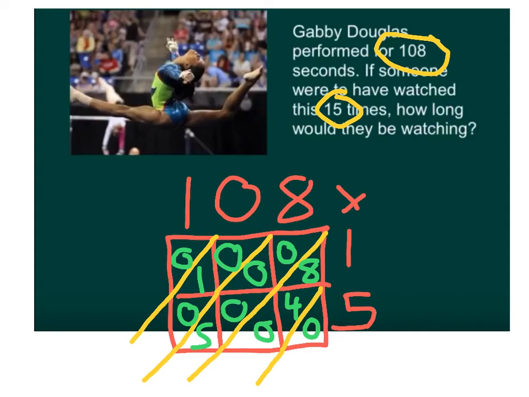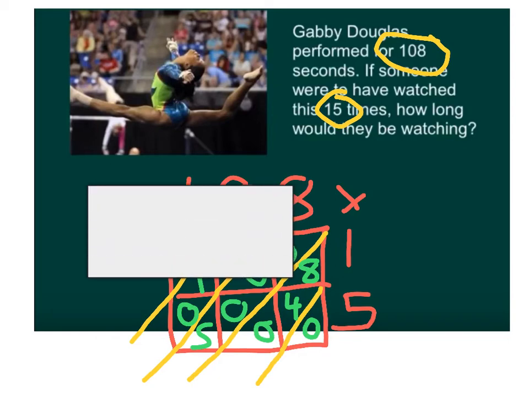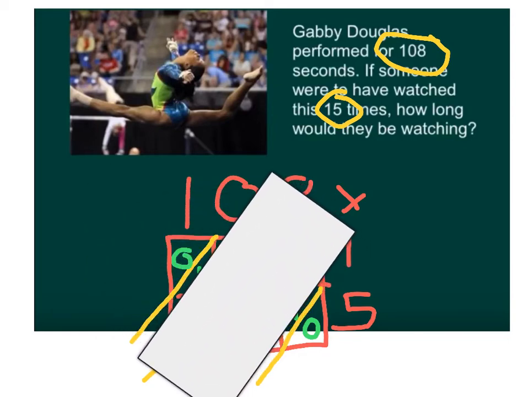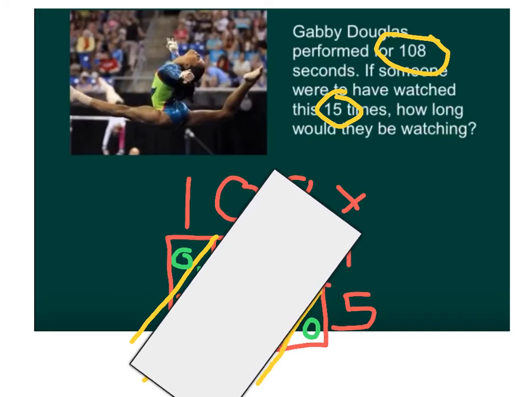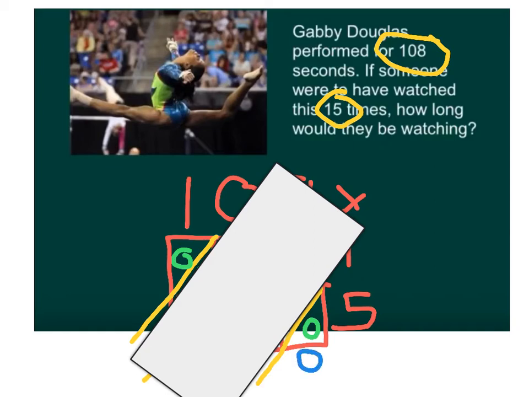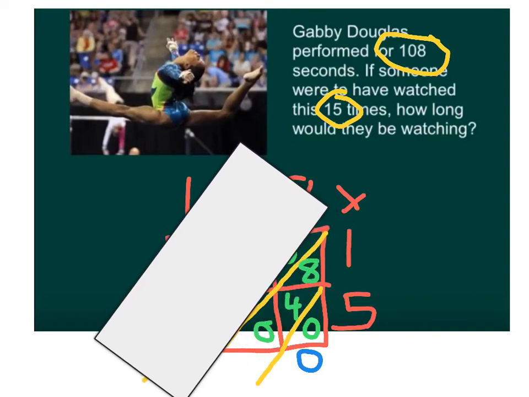One thing that can be helpful if you have a piece of paper, give myself a piece of paper here, if you take it and you kind of use it to block off so you see just what you need, that's often helpful. So all I have there is a 0. And now I'll move to my next set of diagonals. So now I've got 8 plus 4 would give me 12.